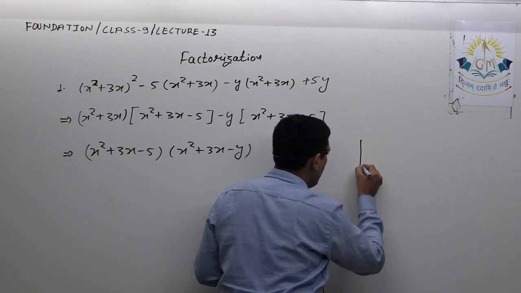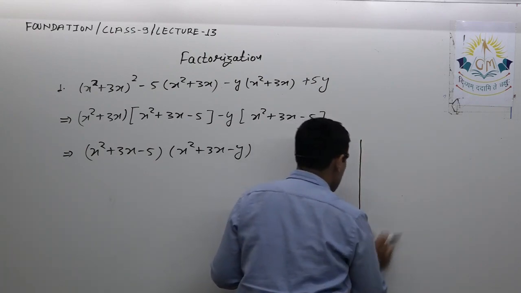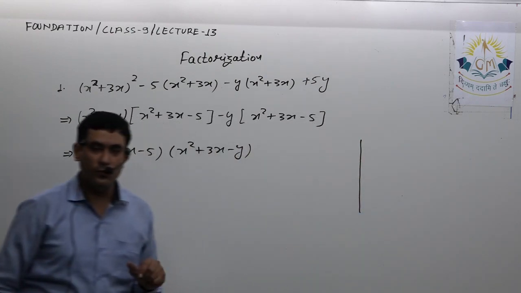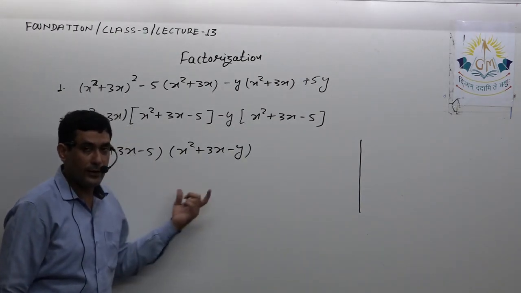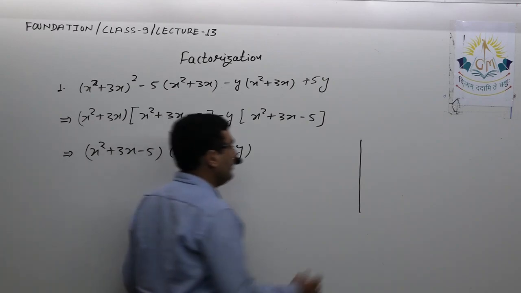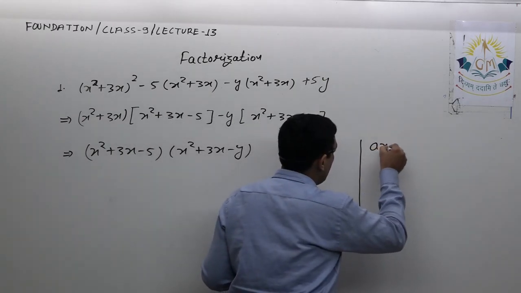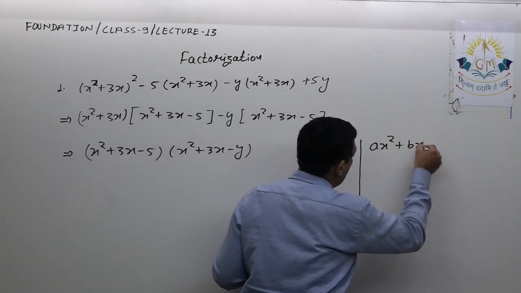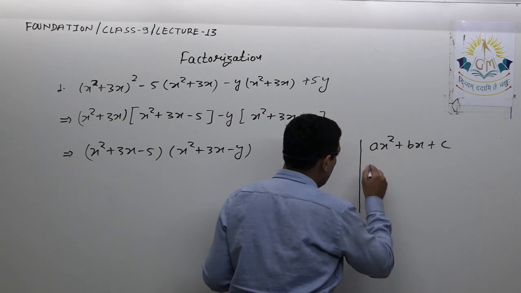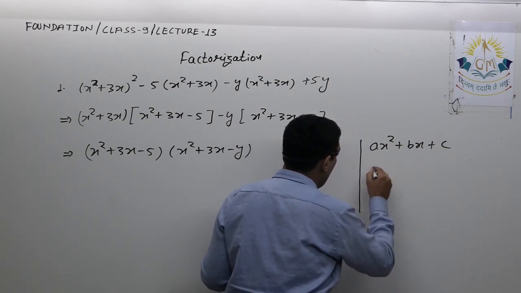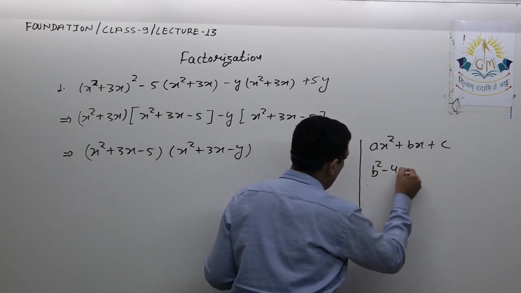However, that is a concept related to 10th, but just to know whether it is possible to factorize the given quadratic expression further or not, see, suppose we have the expression ax square plus bx plus c. Here I will find one term, that is D. I will find the value of b square minus 4ac.